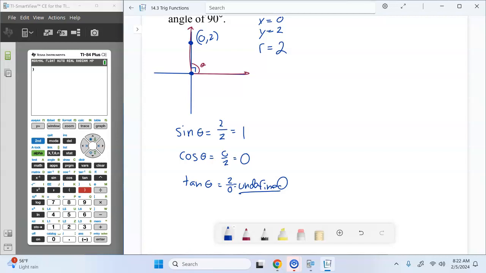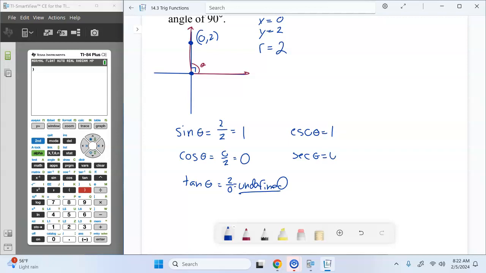Okay? What's the reciprocal of sine? Cosecant, which will equal 1. Reciprocal of 1 is 1. Reciprocal function for cosine is secant. What's the reciprocal of 0? Undefined.